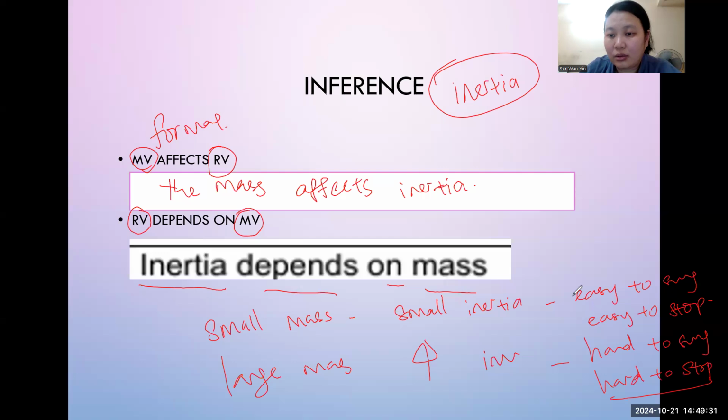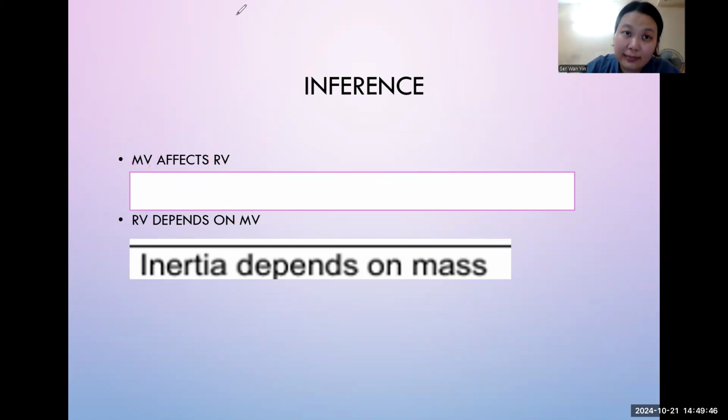Okay, I believe all of you did the experiment before. So we count the time it swings. If it is hard to stop, the oscillation time would be longer. Okay, your friend asked, teacher, can this format be used for chemistry and biology also, or only physics?